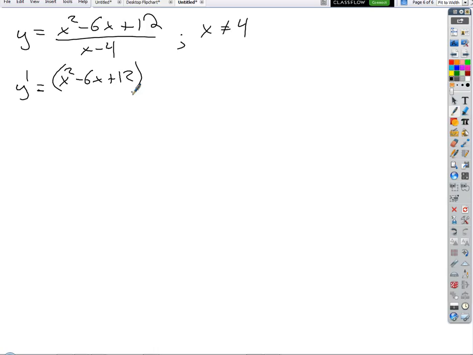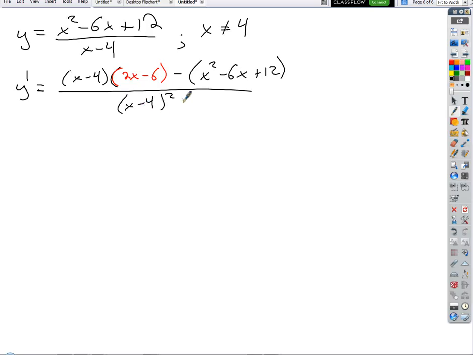Hold on, hang on, no. Sorry, it's x over x minus 4. It's the bottom times the derivative of the top, x minus 4 times 2x minus 6, minus the top, x squared minus 6x plus 12, times 1.